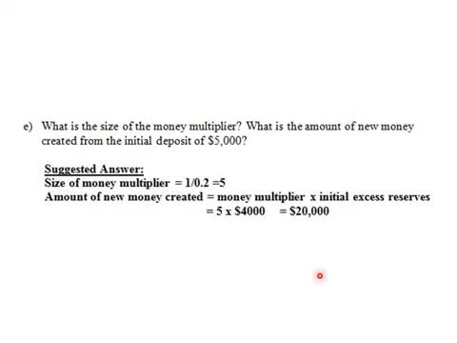Whatever the banks cannot lend out does not multiply. So when we calculate, we use only initial excess reserve, not the deposit, because the bank cannot lend out all the deposit. It can only lend out that part less the triple R amount, which is $1,000. So you must take out the required reserve ratio first. So it's 4,000 times 5, the system can create a maximum amount of $20,000.